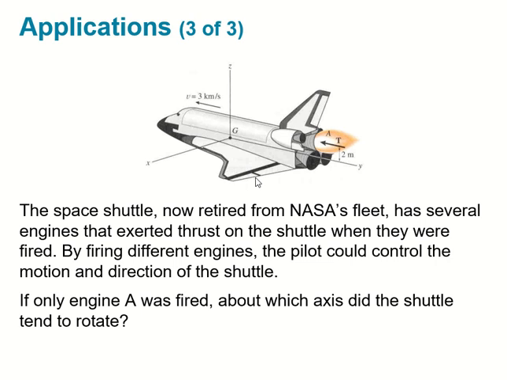Because if you use only one engine, of course it's going to unbalance this thing. It is designed to use different engines, by firing different engines. So if you're using only a single engine, then it might rotate and go off the path. These are the things you think about.